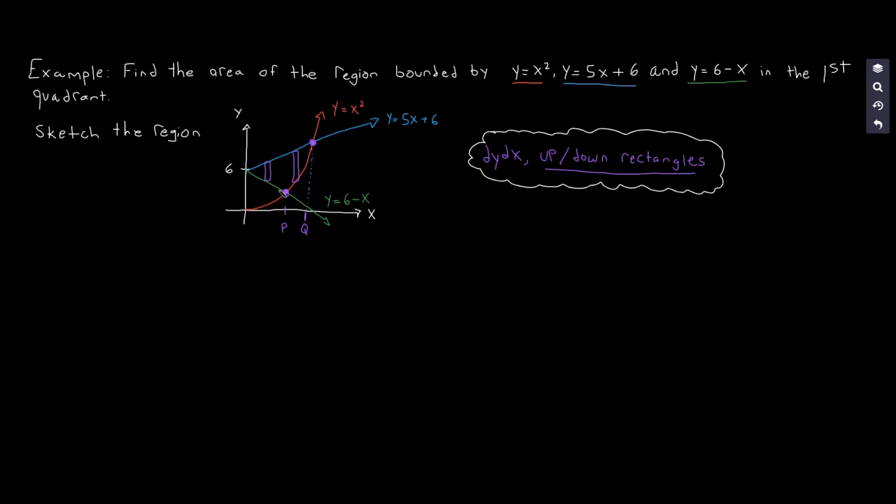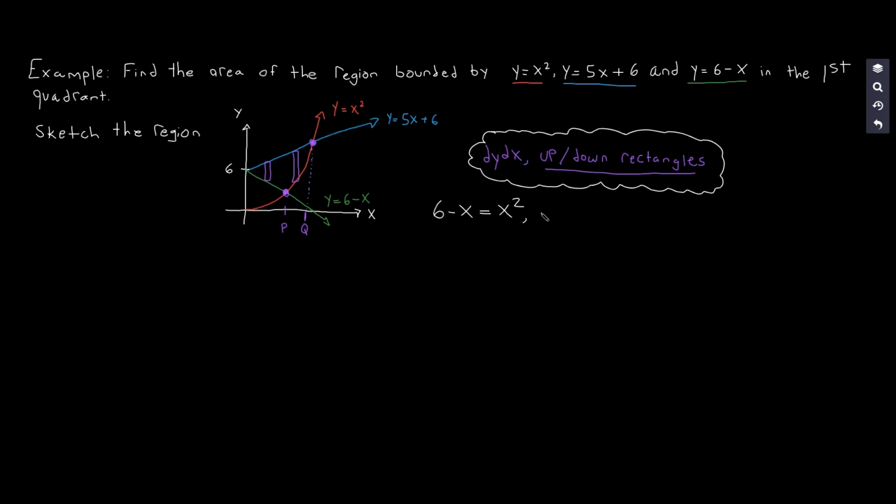These two lines that we're talking about, the components that make up this intersection point: 6 minus x, and I'm going to set that equal to the other one, which is x squared. So if I set that equal to x squared, then I need to solve this. So I'm going to put everything onto one side.